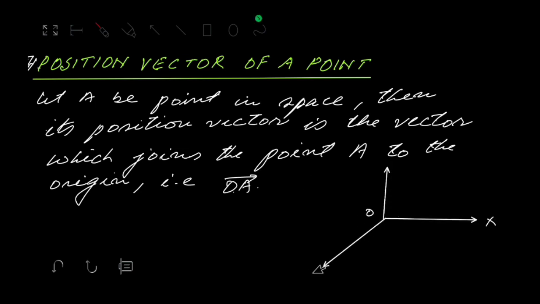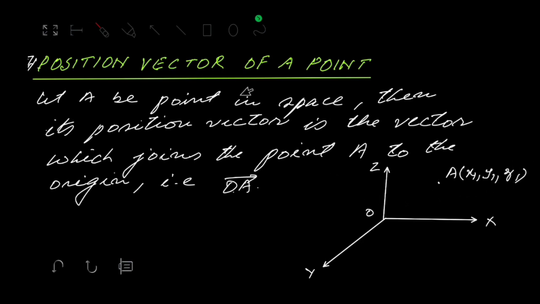Suppose this is the x-axis, this is the y-axis and this is the z-axis, and A is a point in space whose coordinates are x1, y1, z1.